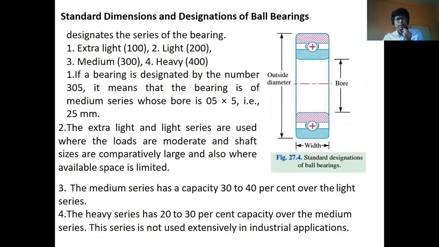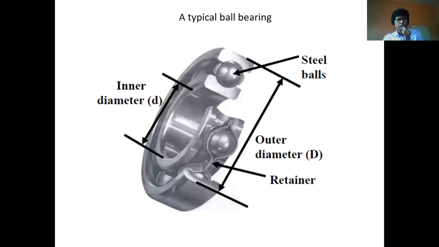Okay, this is a very basic case. Here we will see a typical ball bearing. You see the ball, this is the steel ball, mainly chrome steel is used.